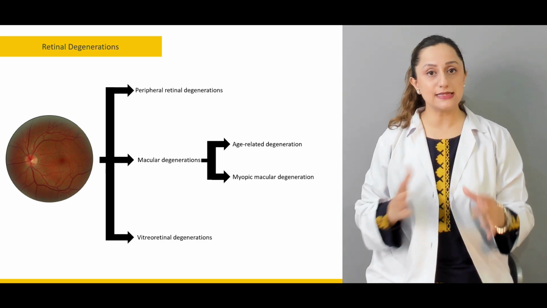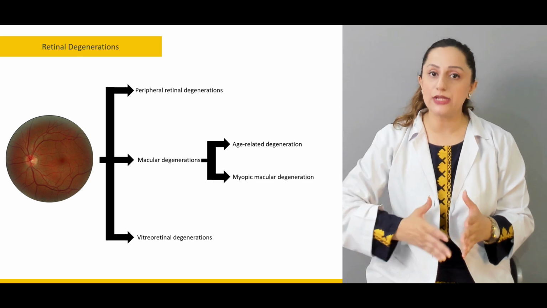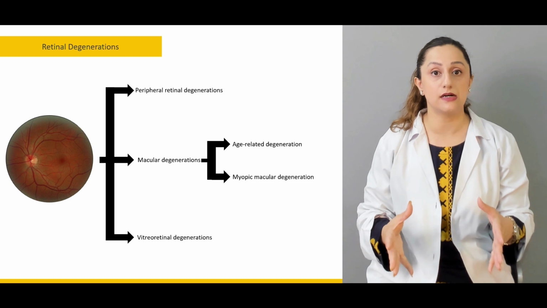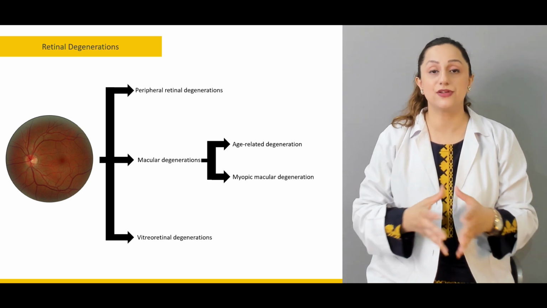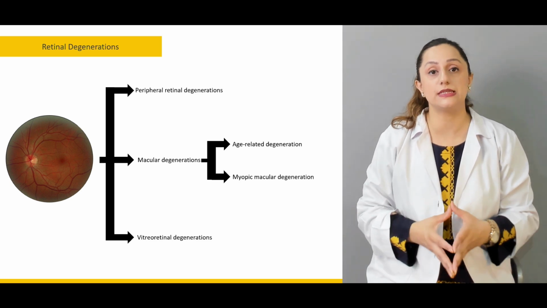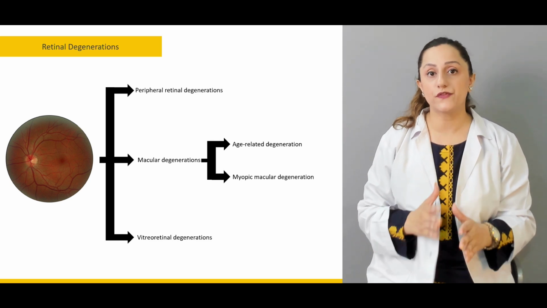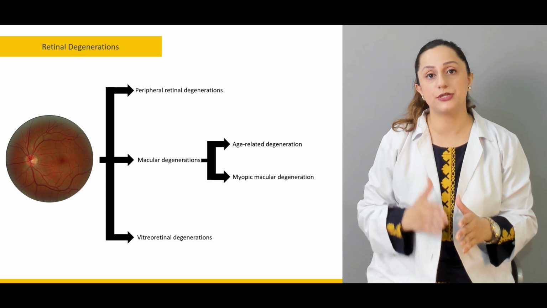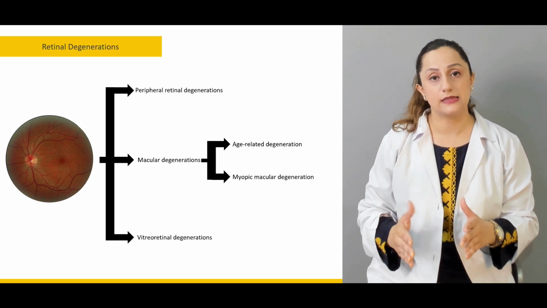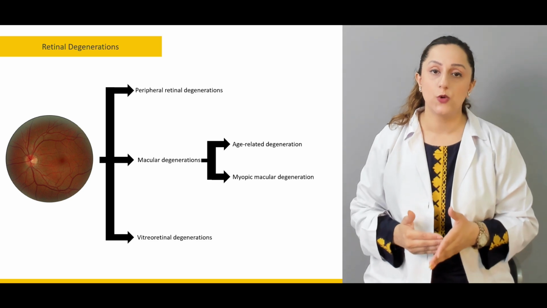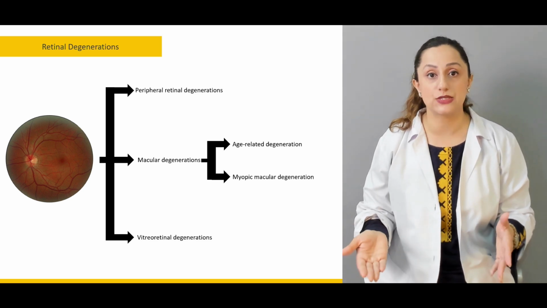So the signs and symptomatologies would relate to the area of the retina or posterior chamber that is involved, either the fovea or the fovea centralis of the macula. All of these areas would have their particular symptoms. Any retinal degeneration will have its own complications as well.